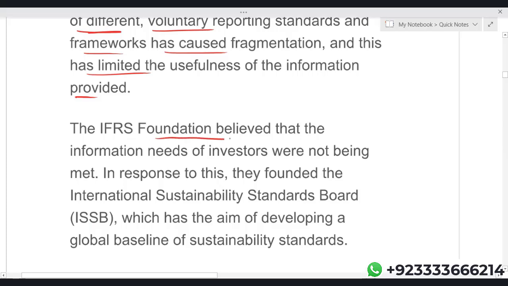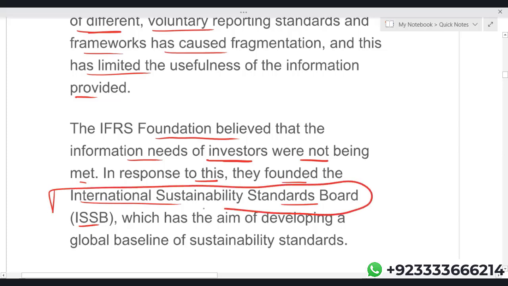The IFRS Foundation believed that information needs of investors were not being met. In response to this, they founded the International Sustainability Standards Board. Look at this, the matter is so severe they have made a board, which has the aim of developing a global baseline of sustainability standards.